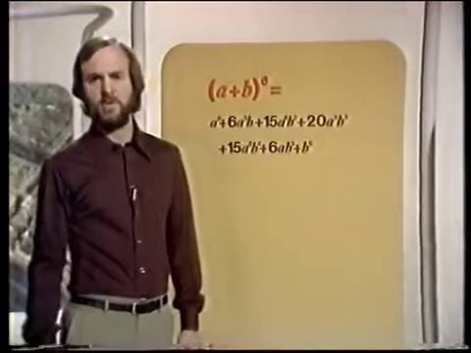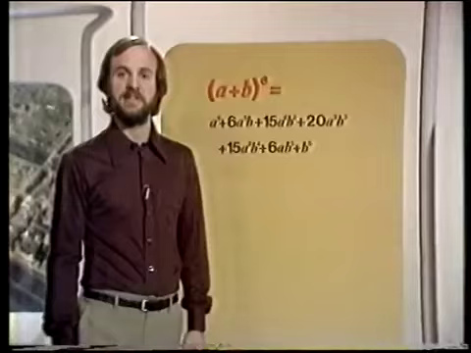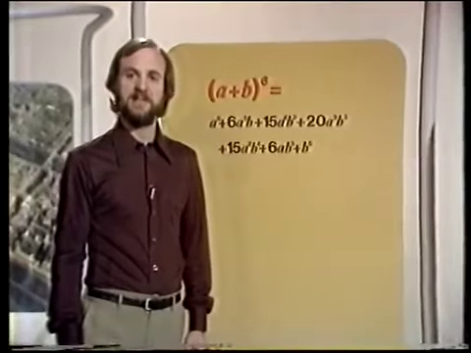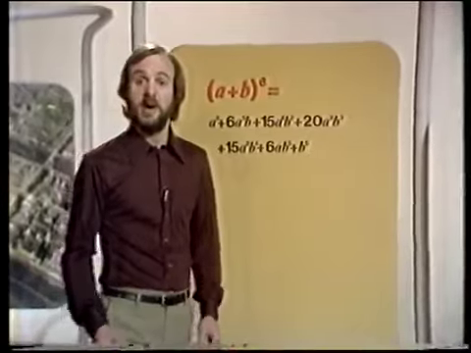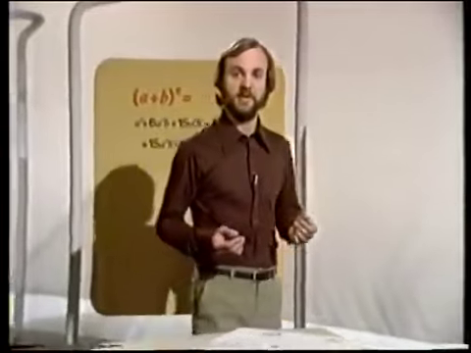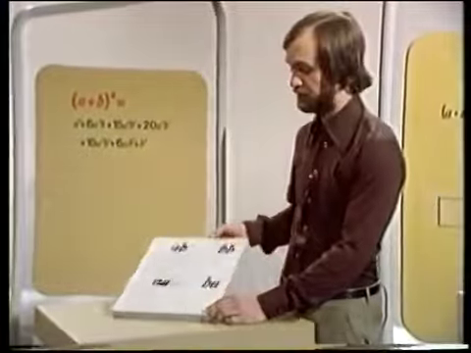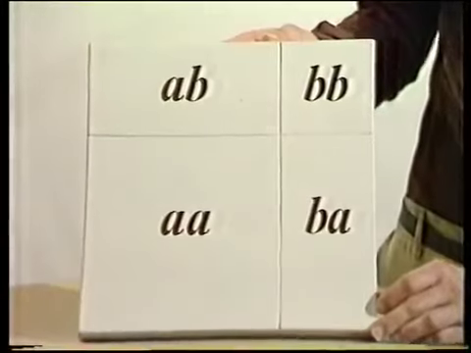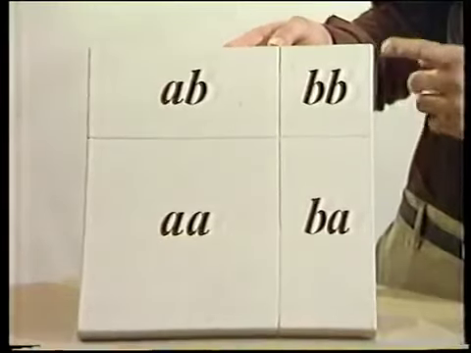In fact, there's much more going on here than a lot of laborious multiplication, and that's why we're going into it in detail. So let's go back to the simplest case of a plus b squared. Now, whenever possible, I like to be able to get a picture of what's going on. And for squares, that's easy. Use a square. This square has sides a plus b by a plus b.